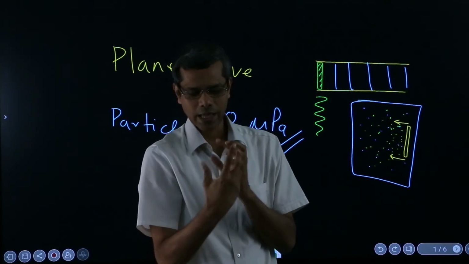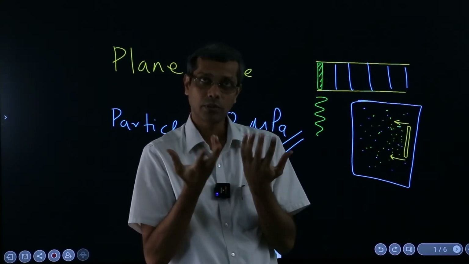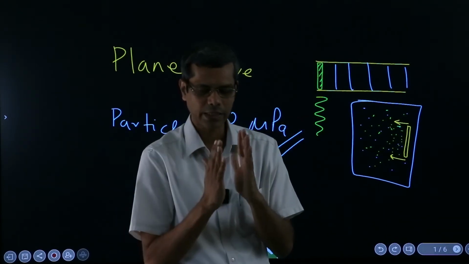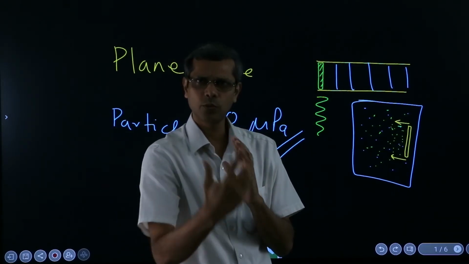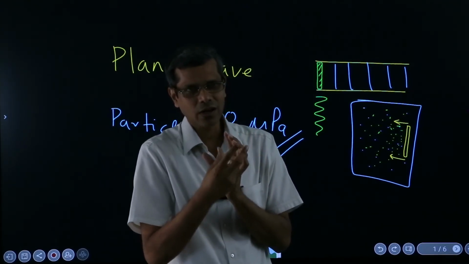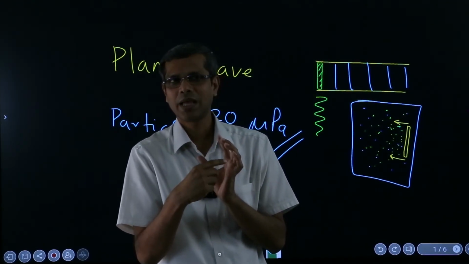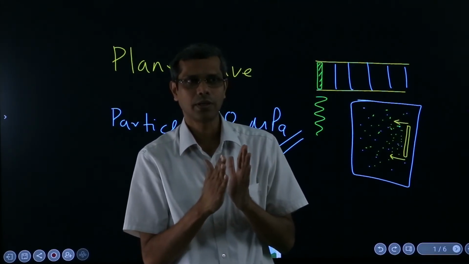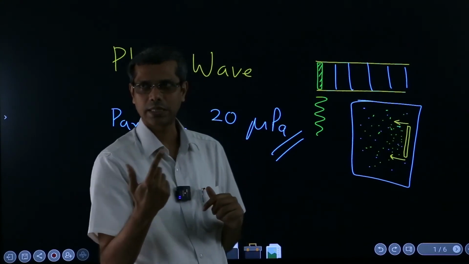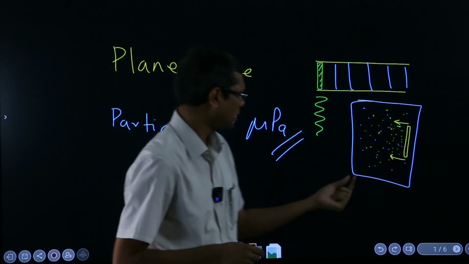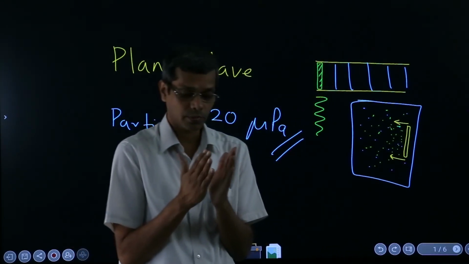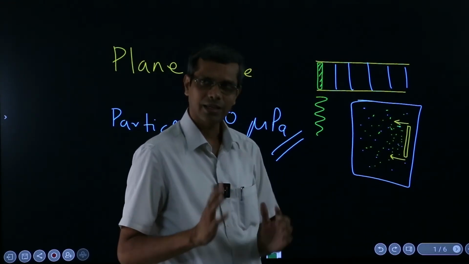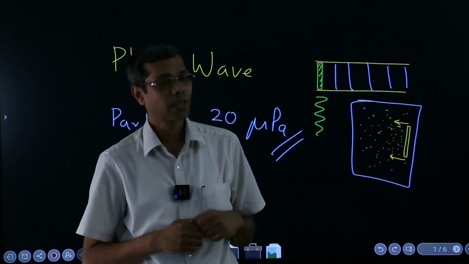So it will move some distance, and that is why a low pressure zone will be created, and that is what we hear as sound when we clap, and not the high pressure which is getting created. So the speed at which you are making this change is a matter of importance.